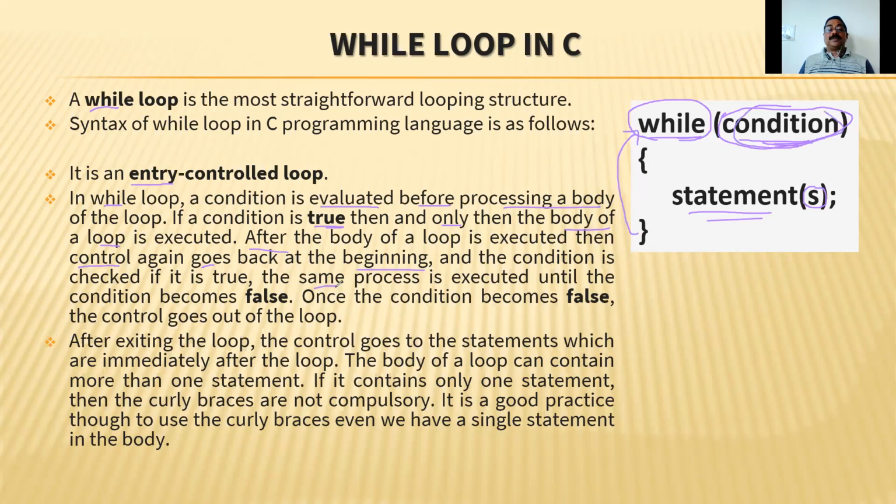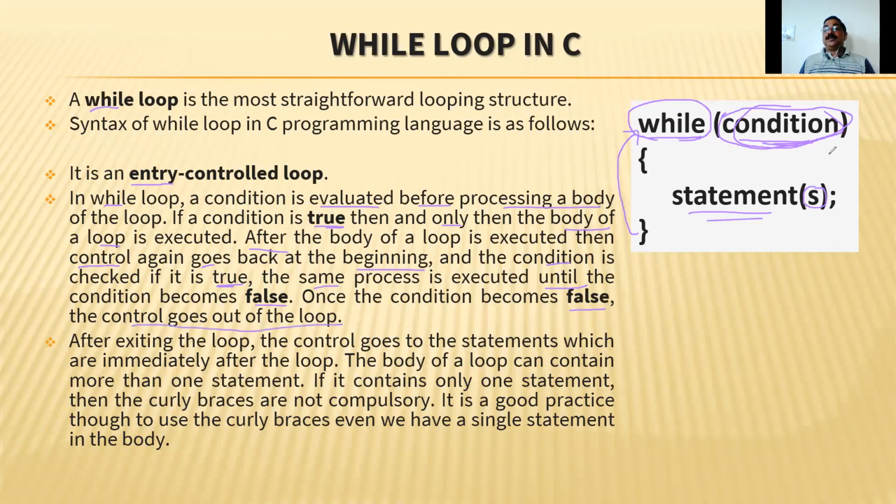The same process: if the condition is checked and it is true, very important, then the same process is executed until the condition becomes false. Once the condition becomes false, the control goes out of the loop.